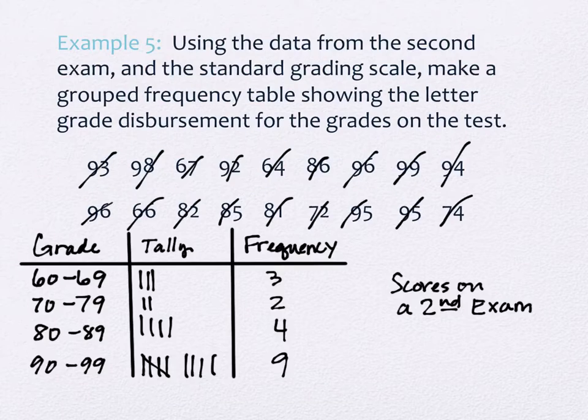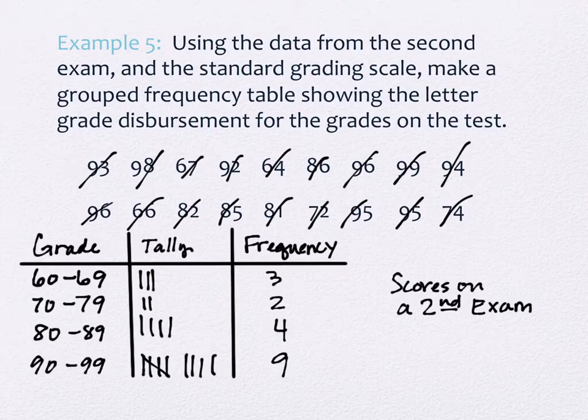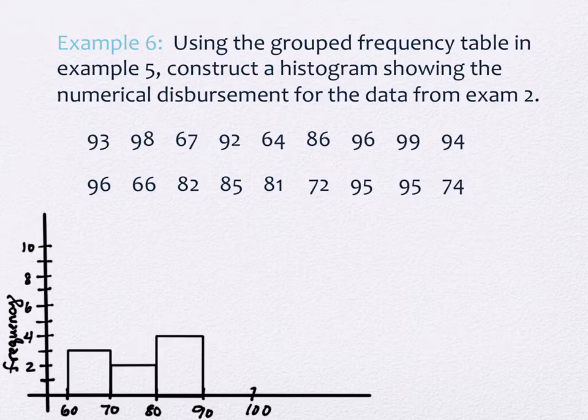The 80s range has 4 values in it, so we want a height of 4 in our 80s range of values. And then the last one, in the 90s range of values, we have 9. So it needs to be a really tall bar compared to the others, and we'll be up here at 9.